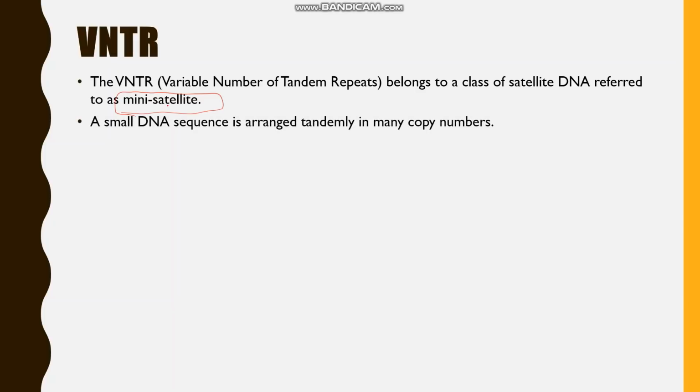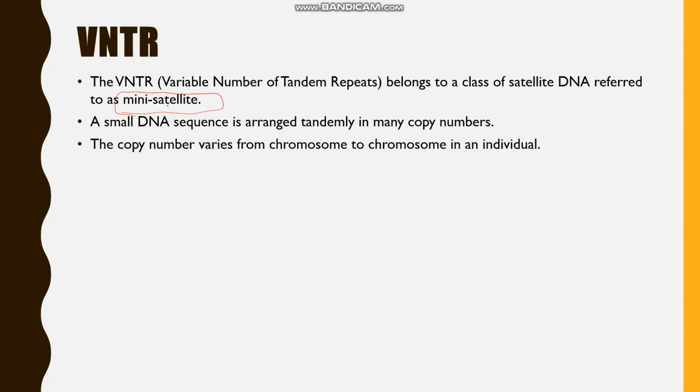A small DNA sequence is arranged randomly or tandemly in many copy numbers. In case of VNTR, a small DNA sequence is arranged tandemly, as tandem repeats, in many copy numbers. The copy number varies from chromosome to chromosome in an individual.